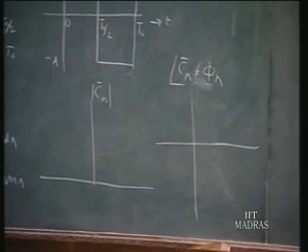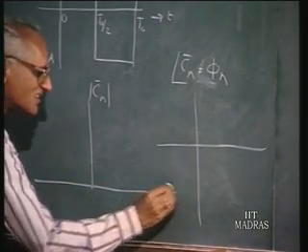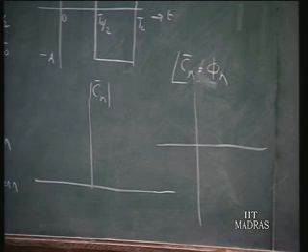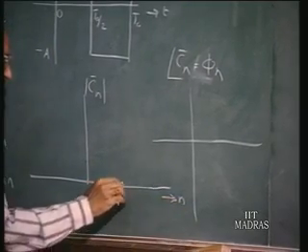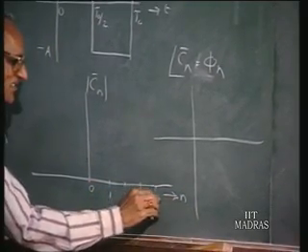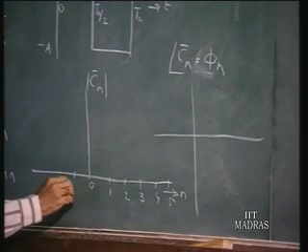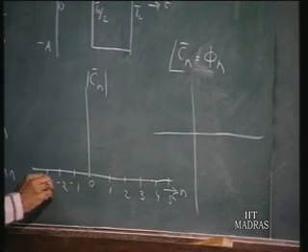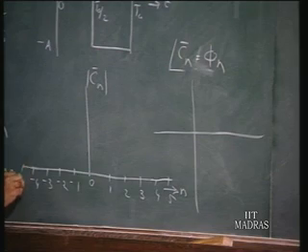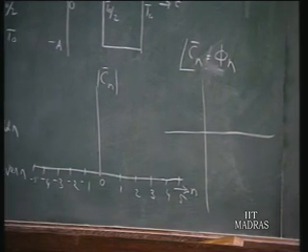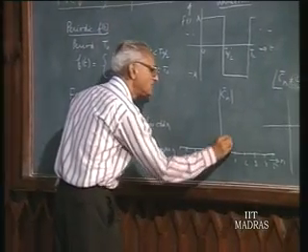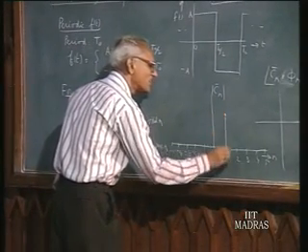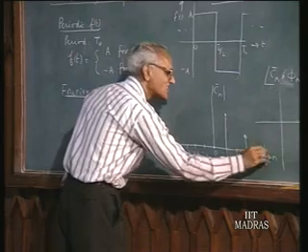So in this case, we can graduate the x-axis in terms of n or omega naught. Suppose we do it in terms of n: 0, 1, 2, 3, 4, 5, etc. And on the negative side, minus 1, minus 2, minus 3, minus 4, minus 5, etc. So when you plot the magnitude of Cn, there is no DC term, there is one component here, another component here, third component here.